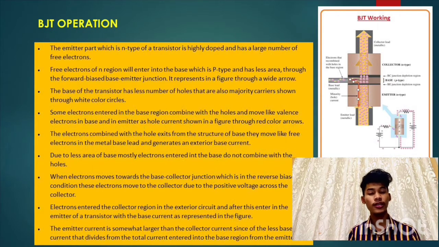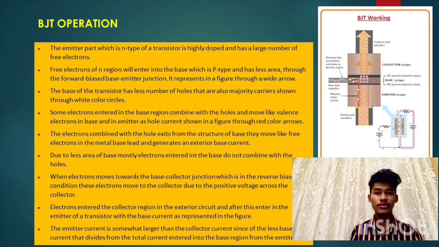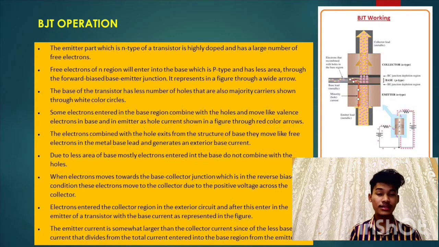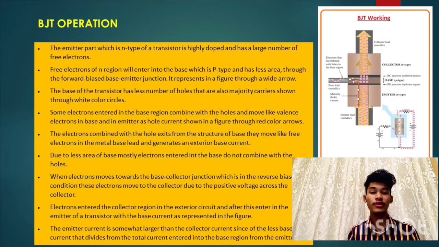Electrons enter the collector region in the exterior circuit, and after this enter the emitter of the transistor with the base current as represented in the picture. The emitter current is somewhat larger than the collector current because of the small base current that divides from the total current into the base region from the emitter.